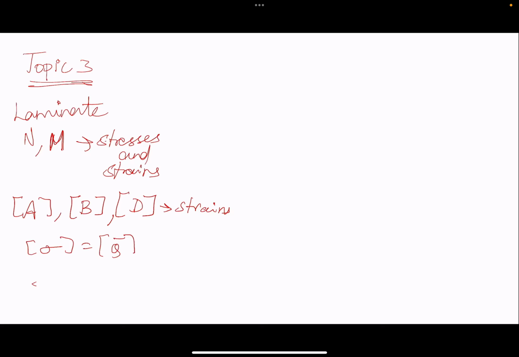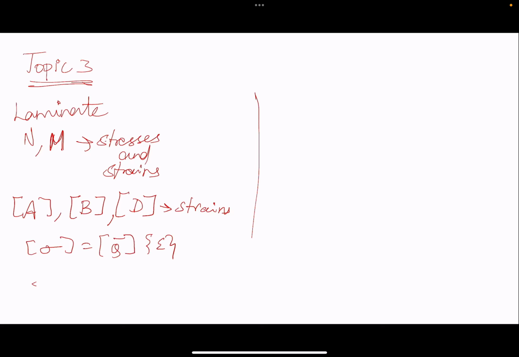So that's when we found the A matrix, which is your extensional stiffness matrix, coupling matrix, and then the bending stiffness matrix. So all of this gives us a way to calculate stress, and you know how to get stresses from strains.